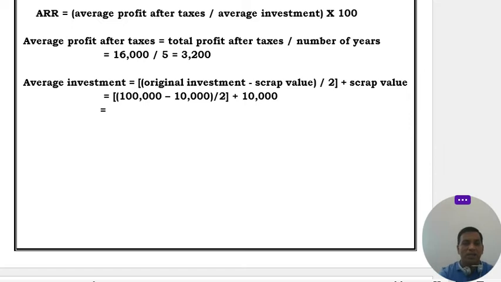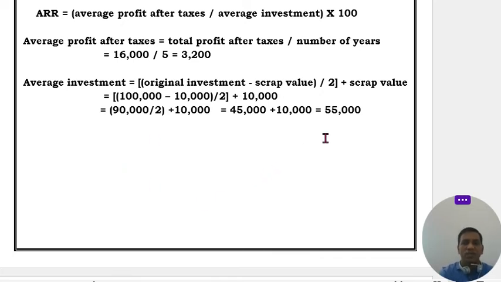100 minus 10, 90,000. So 90,000 divided by 2, plus 10,000, that equals 45,000 plus 10,000, that equals 55,000.